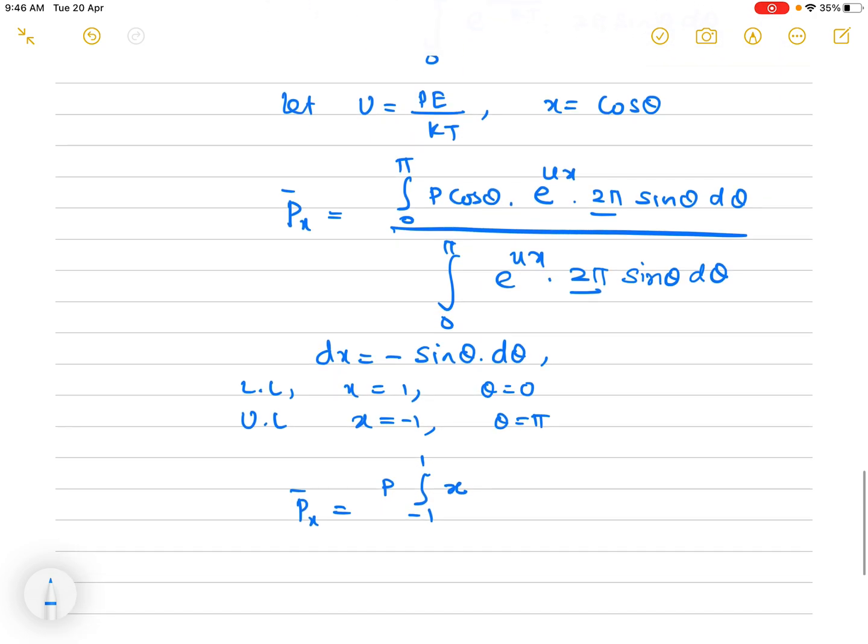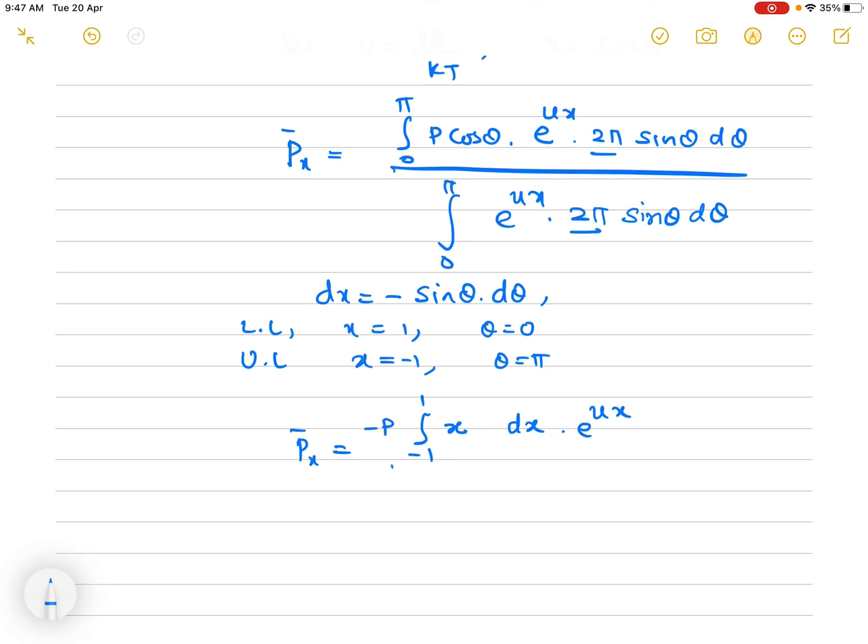So the minus signs cancel. All that we have to do now is this integration part.